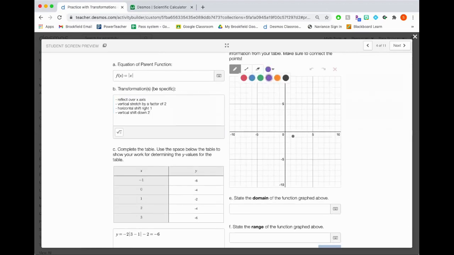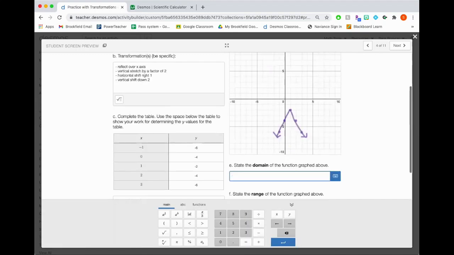So -1, -6, 0, -4, 1, -2, 2, -4, and 3, -6. You should notice that this is a skinny V shape, which is exactly what absolute value should look like.